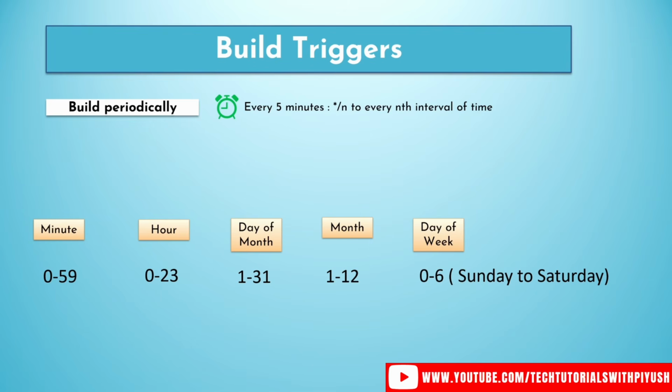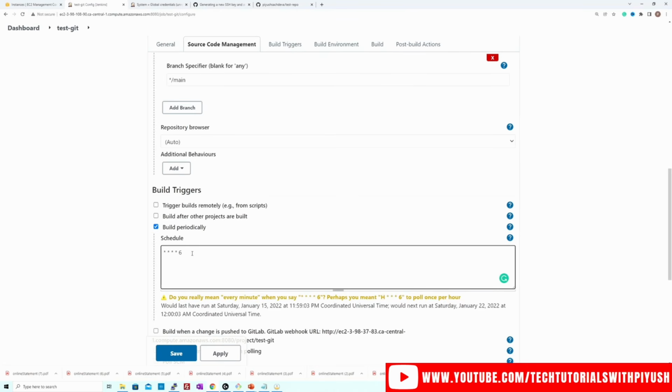So for this example, if we want to run it every 5 minutes, it will be asterisk by 5. So this build will run every 5 minutes, with asterisks at the rest of the places. I hope this is clear now. Okay, so this is how we could add the build periodically and use the syntax over here.